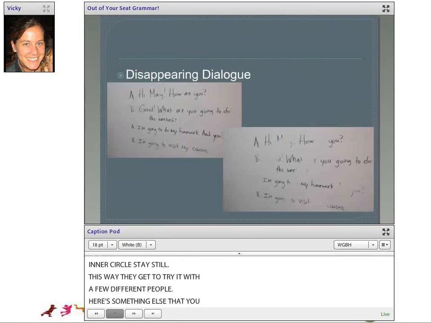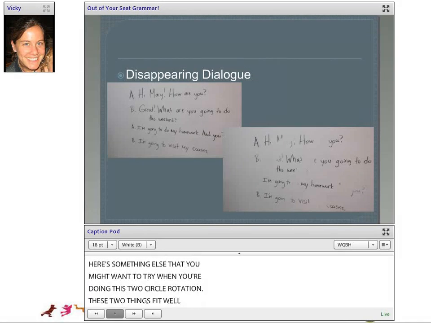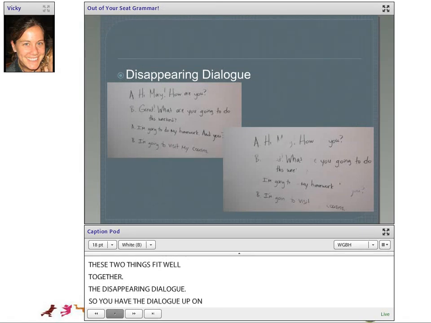Here's something else that you might want to try when you're doing this 2-circle rotation. These two things fit well together. The disappearing dialogue. So you have the dialogue up on the board or posted from the chart paper. The first time they can see it very clearly. It's written out exactly how you've put it.